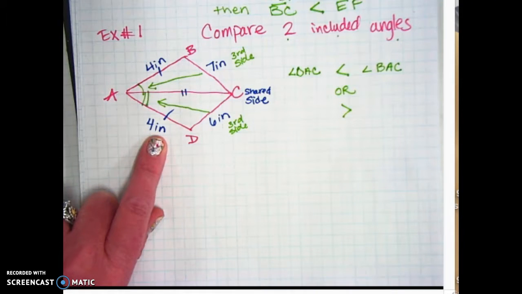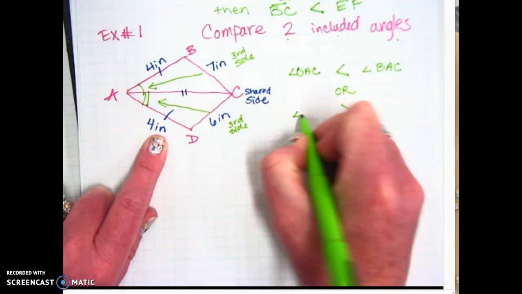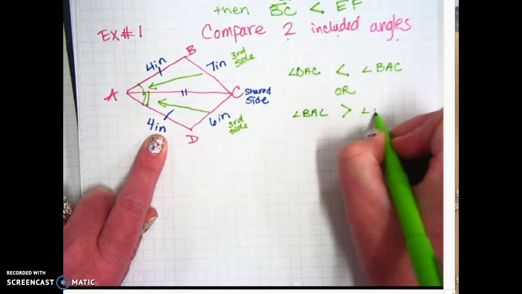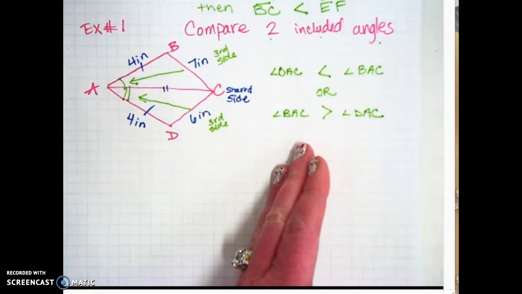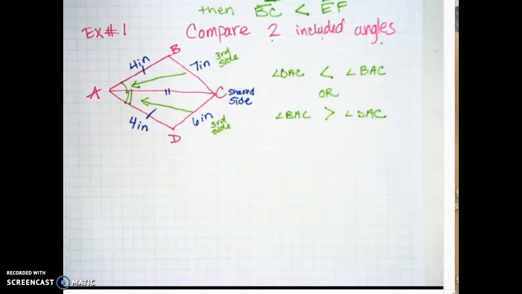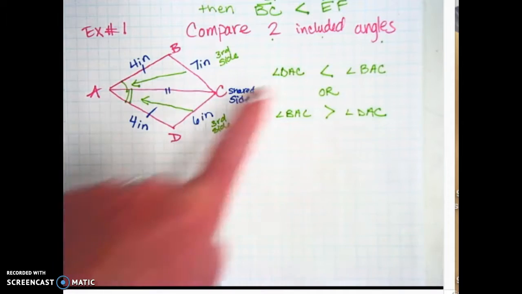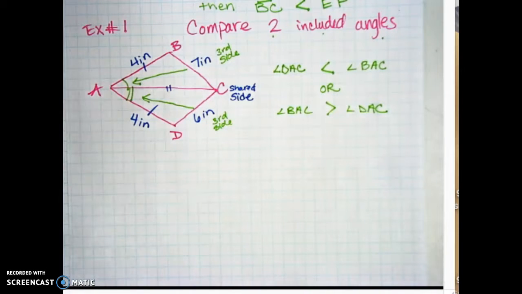Or if you prefer to write the greater than first, you would say angle BAC is greater than angle DAC. These two statements say the same thing. You guys see that? They're just turned around. It depends if you want to say less than or greater than. So you might write this answer and your neighbor might write that answer, and guess what? You're both correct.